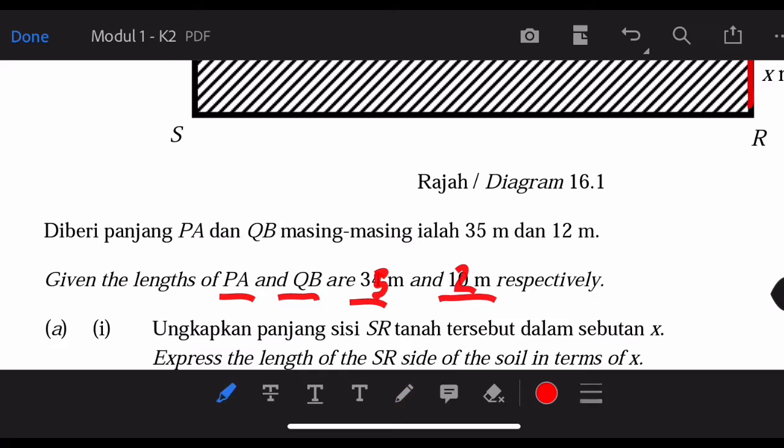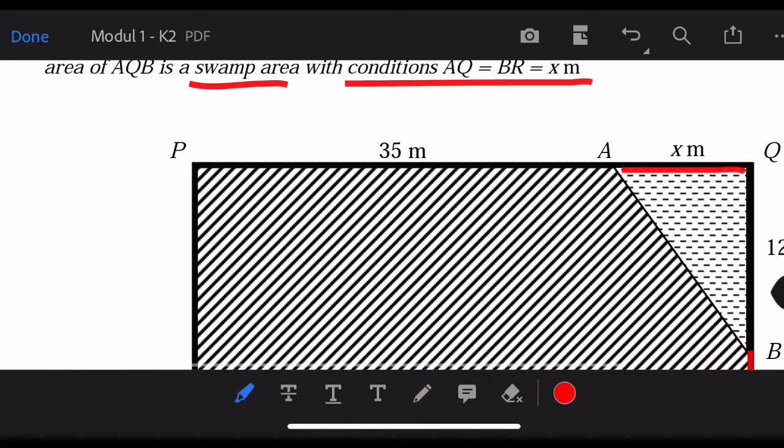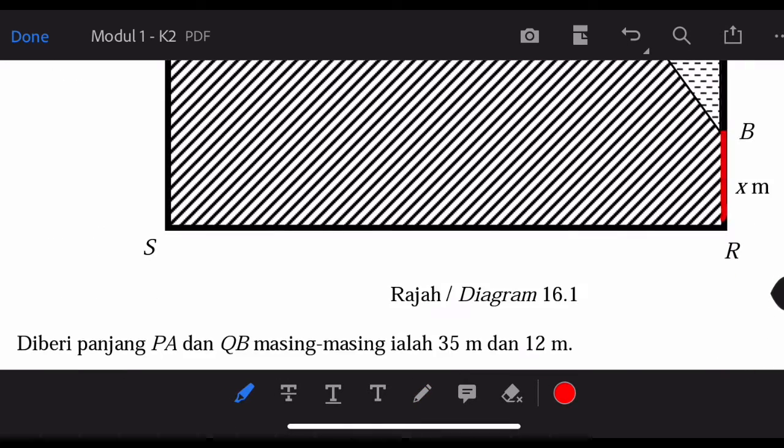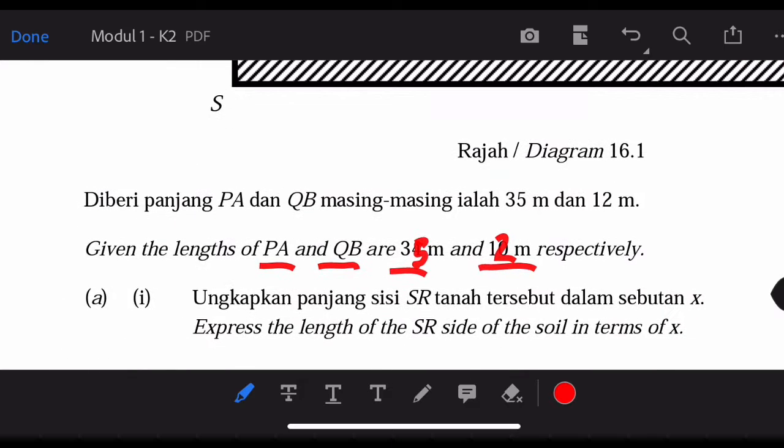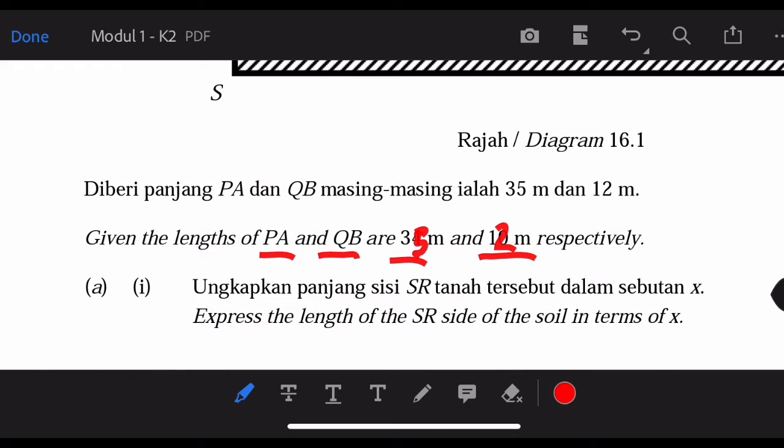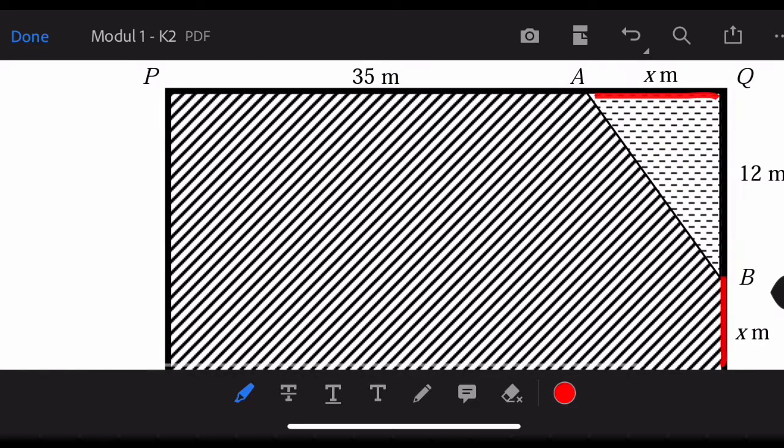There's an error, it should be 35 and 12. Okay, so let me do the correction. Express the length of SR side of the soil in terms of X.